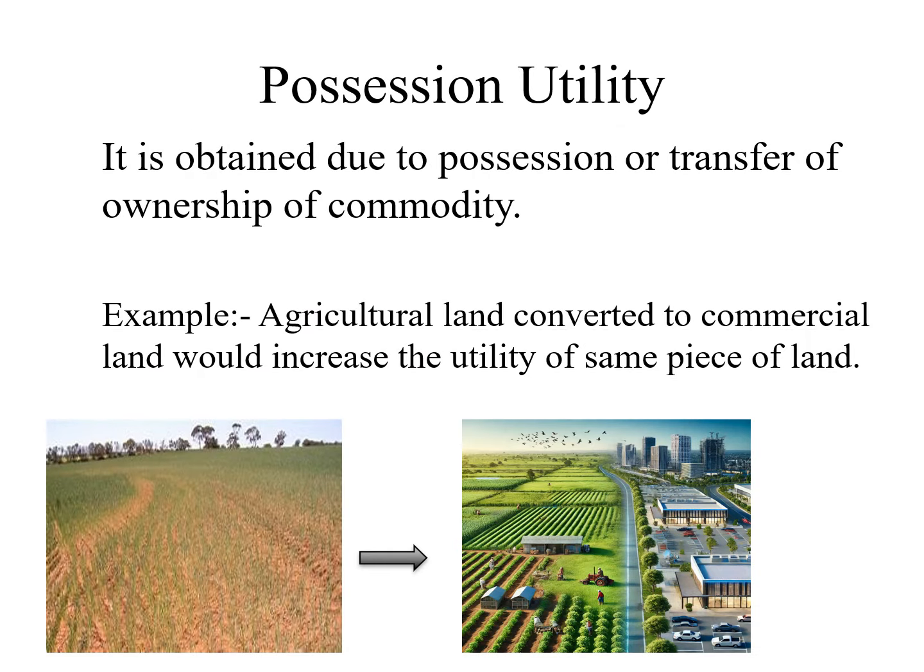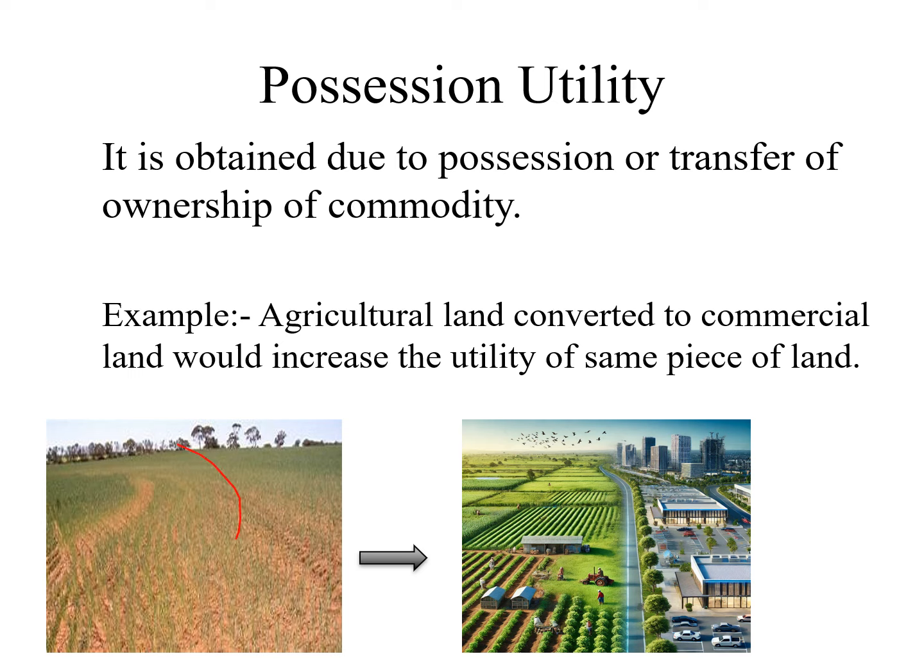possession utility. Basically, possession utility is obtained due to the possession or transfer of ownership of a commodity. When we transfer the ownership of a commodity, it comes under possession utility. For example, agricultural land converted into commercial land would increase the utility of the same piece of land.